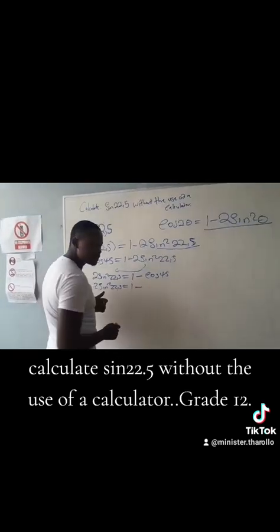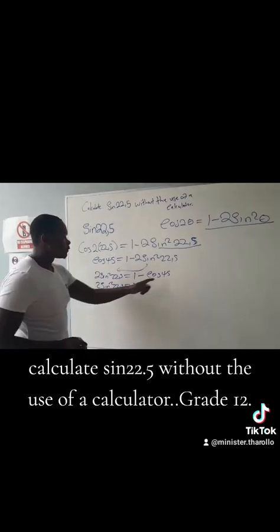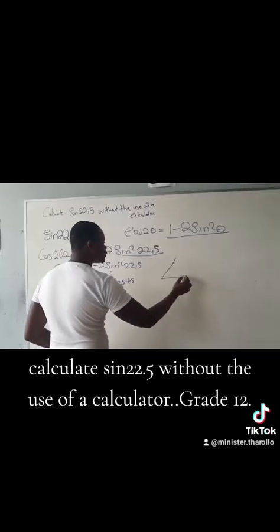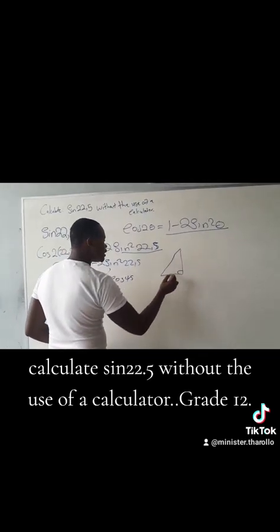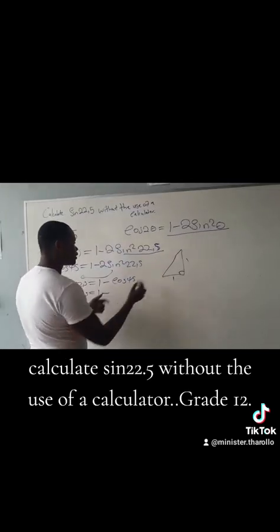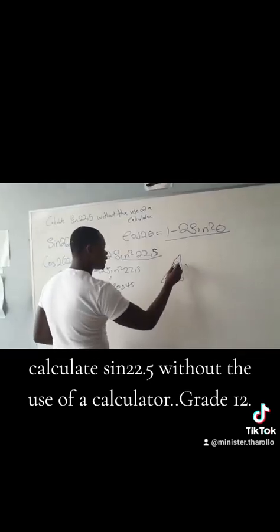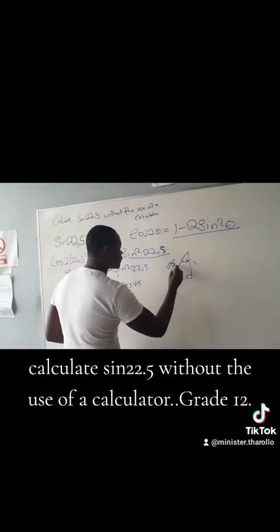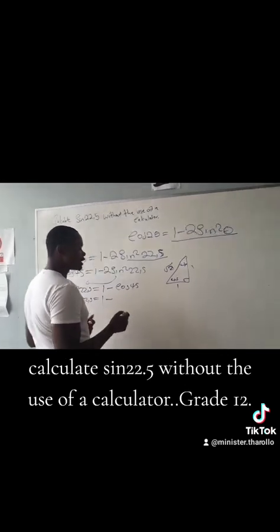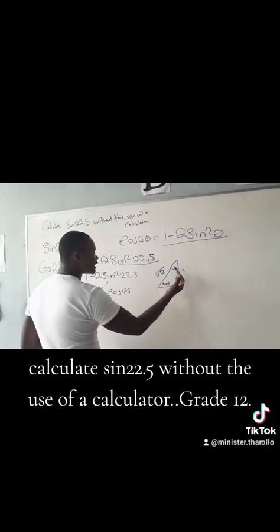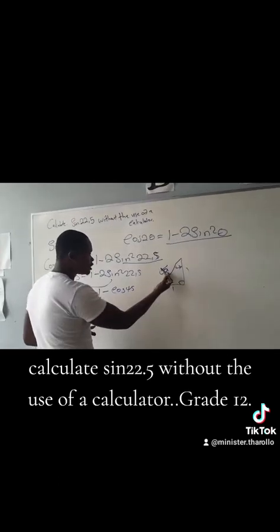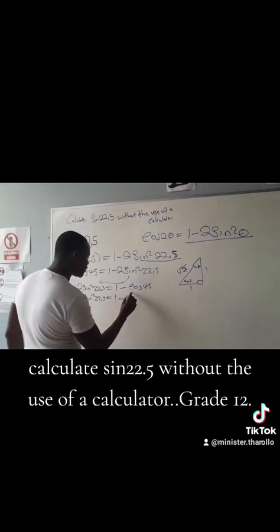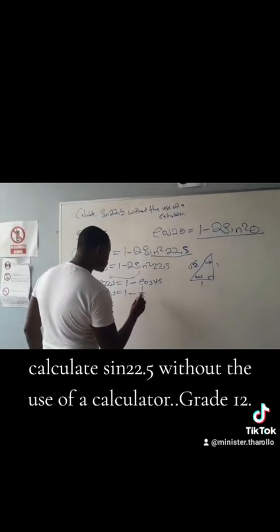Then we change cos 45. You take your special angles from your triangle: 1, 1, and the hypotenuse is square root of 2, with 45 degrees. Cos is adjacent over hypotenuse, which is 1 over root 2. So 2 sin squared 22.5 is equal to 1 minus 1 over root 2.